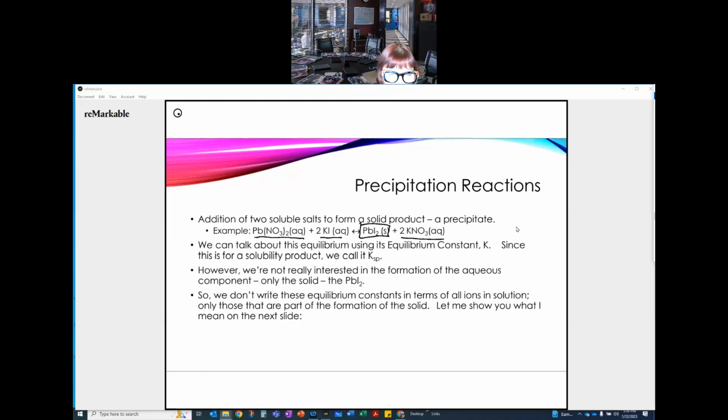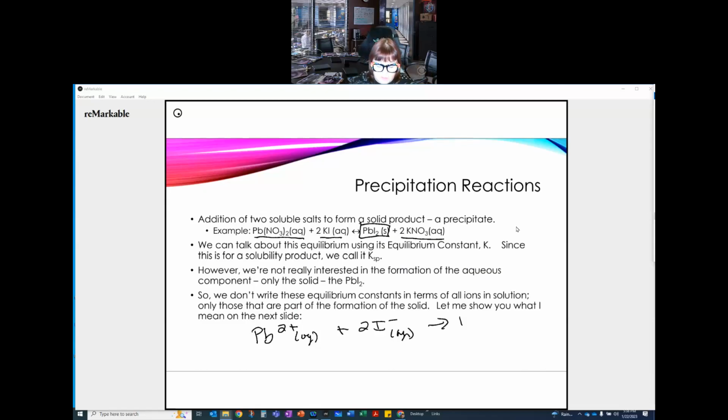And since we don't write these equilibrium constants in terms of all ions in solution, we only care about the ones that made that PbI2, then what we're actually interested in is Pb2+ aqueous plus 2I- aqueous going to PbI2 solid. Okay, and this is the net ionic reaction for this process.